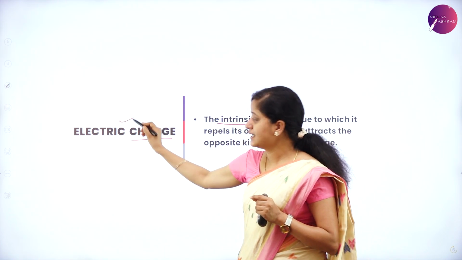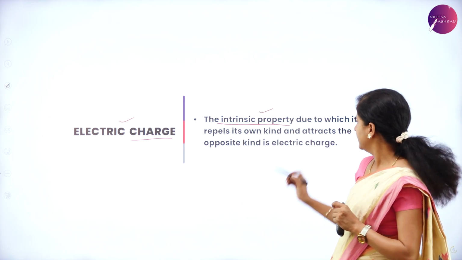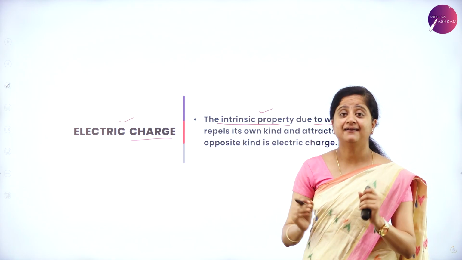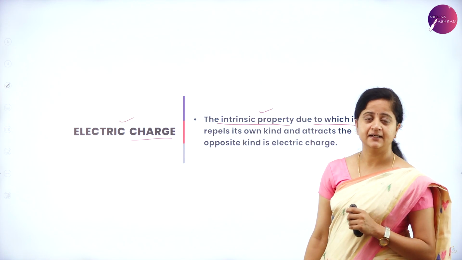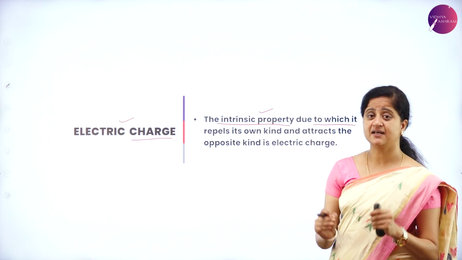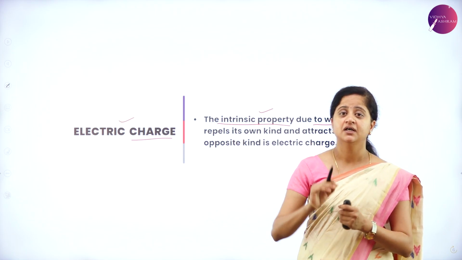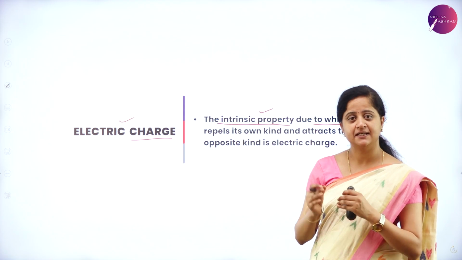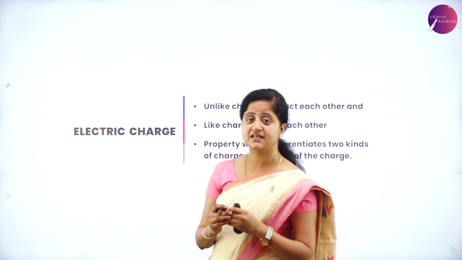So, electric charge is the intrinsic property, the property of its own, due to which it repels its own kind and attracts the opposite kind. These are the basic things we have to know before studying electric charges and fields and their properties in detail.